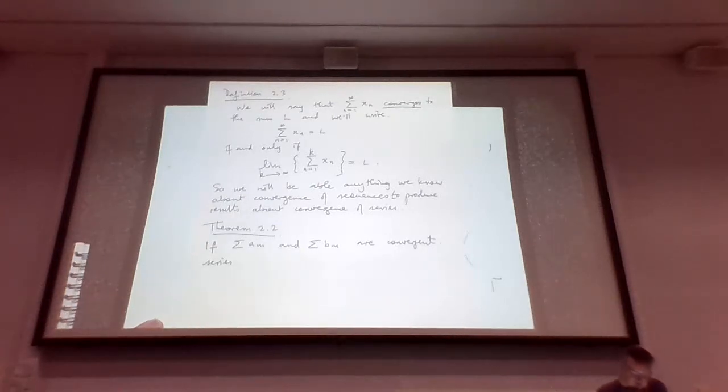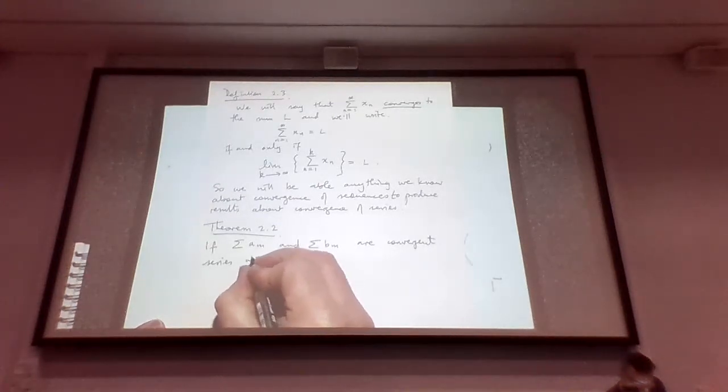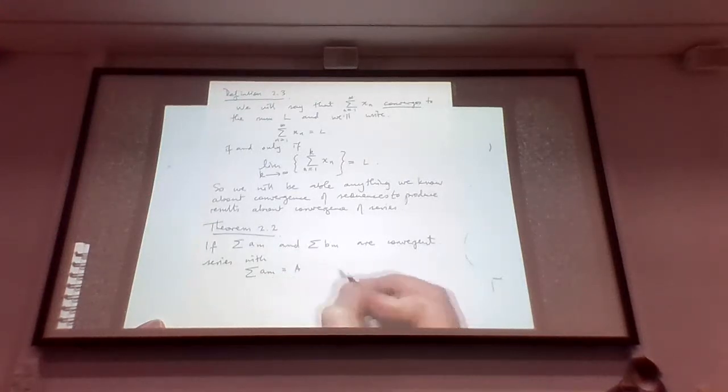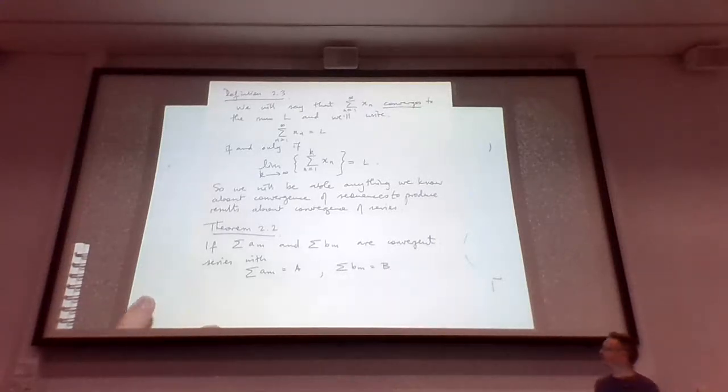So if the sum of a_m and the sum of b_m are convergent series with, let's say, the sum of a_m equal to this quantity A, and the sum of b_m equal to this quantity B. So they're both convergent, those series. They sum to finite values.